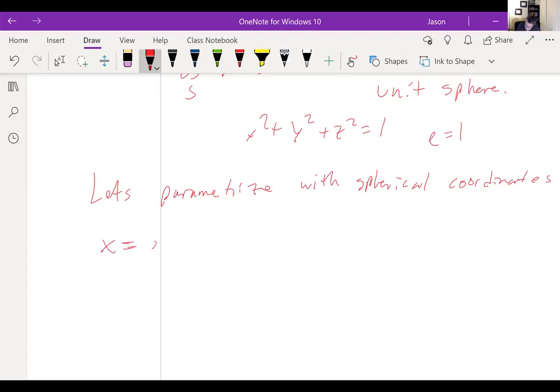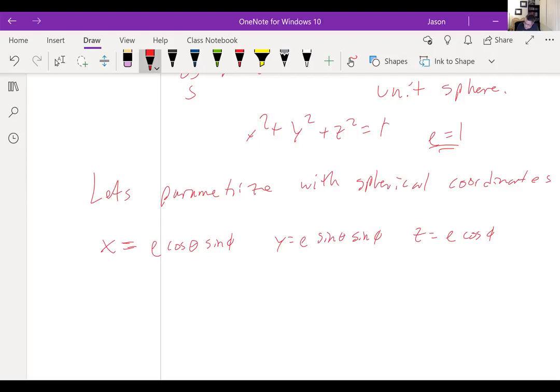So x equals rho times the cosine of theta sine phi, y equals rho times the sine of theta sine phi, and z is equal to rho times the cosine of phi. Well, rho is equal to 1 here, so you don't have to worry about it.